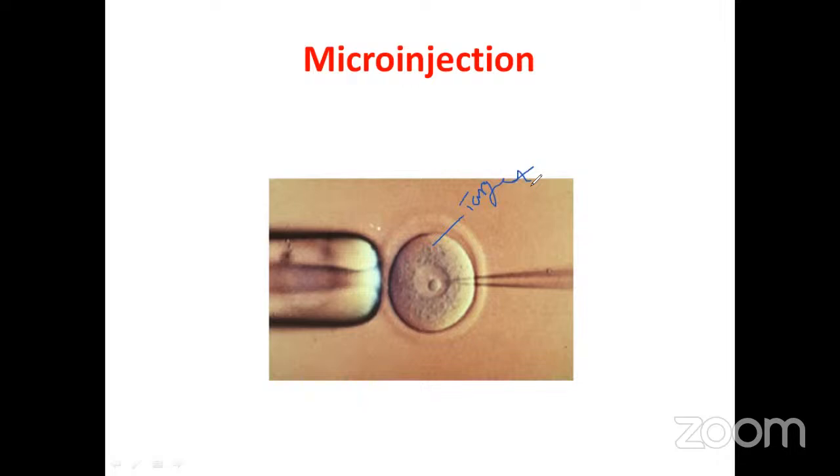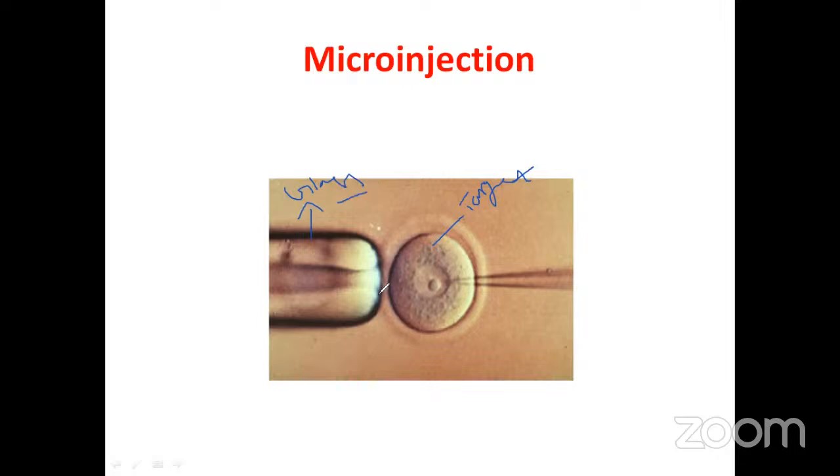Microinjection involves direct mechanical introduction of DNA into the nucleus or cytoplasm. That means the foreign DNA is directly introduced into the nucleus or cytoplasm using a glass micropipette injection pipette having a fine tip.